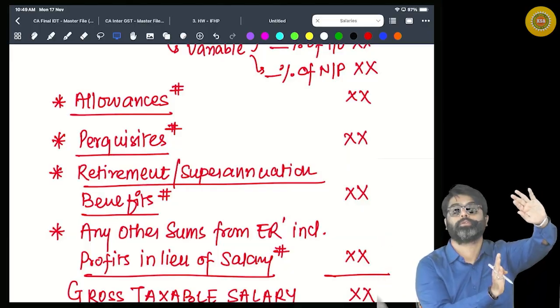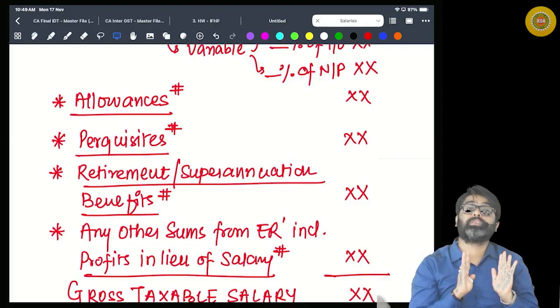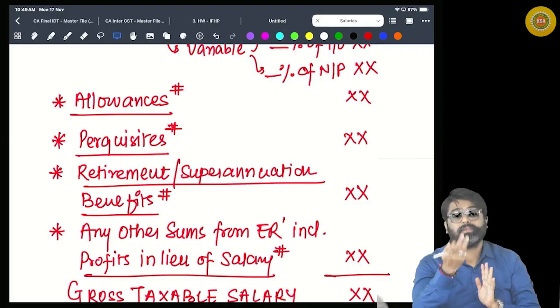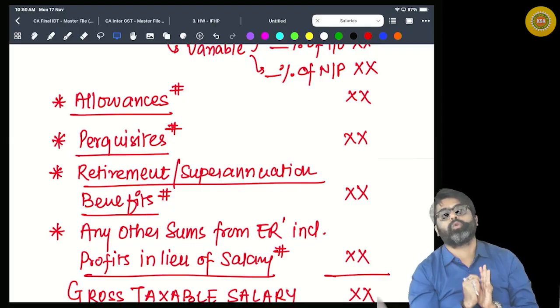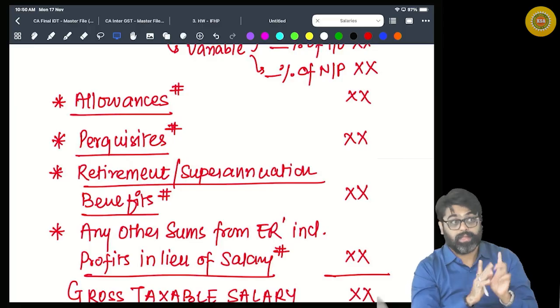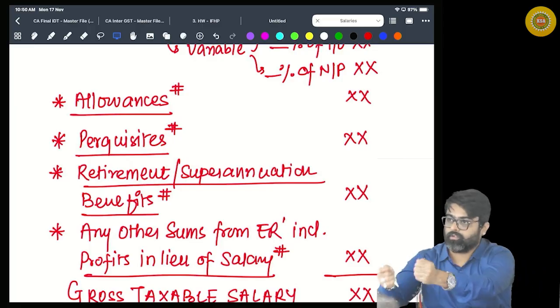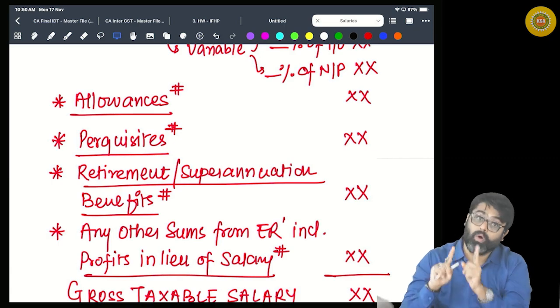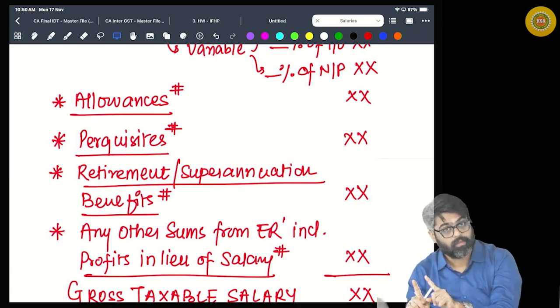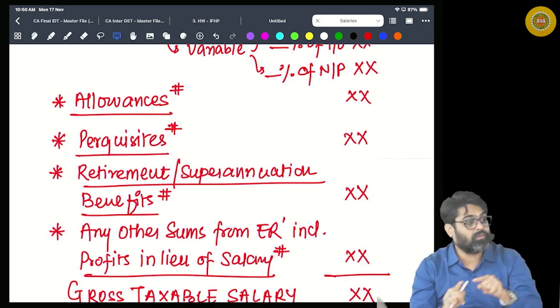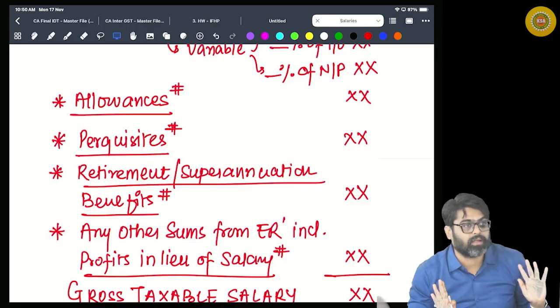Yes or no? So there are certain allowances which are exempt, and you are supposed to remember those allowances. This allowance is exempt, this allowance is exempt, this allowance is exempt. Remember all those allowances. Don't bring those allowances in the computation of taxable salary.